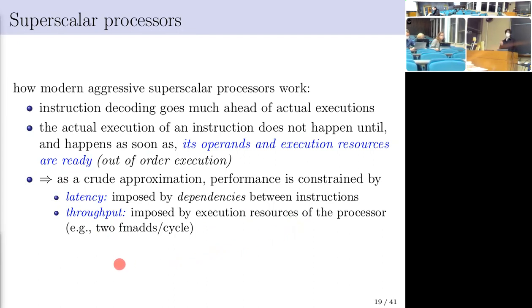For example, the processor has only two execution units that are capable of doing an FMA per cycle. So the peak throughput of two FMAs per cycle stems from the fact that the processor has only two execution units doing FMAs.